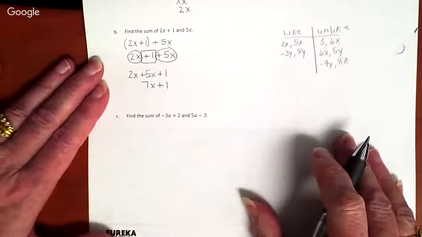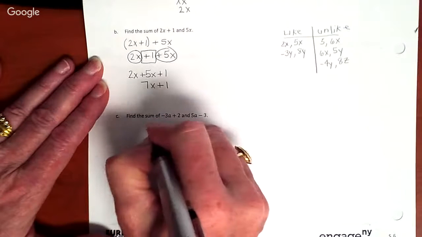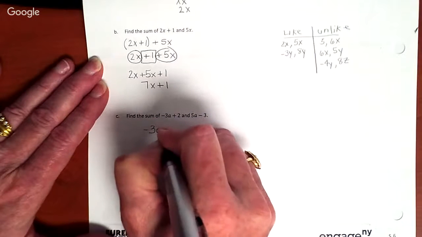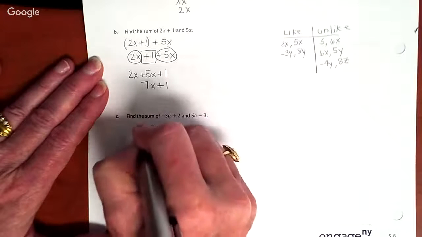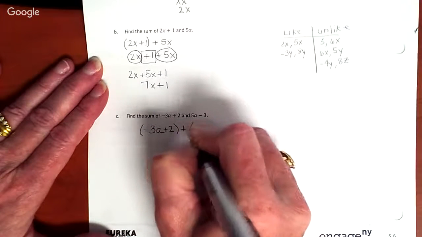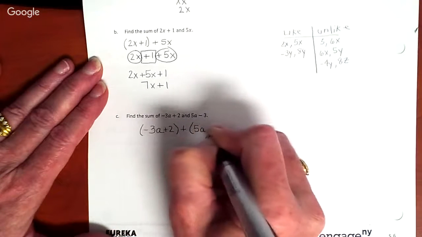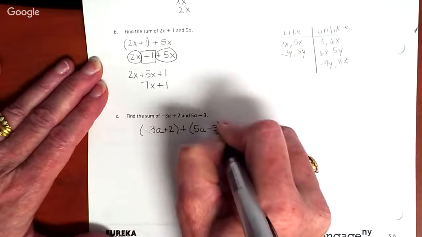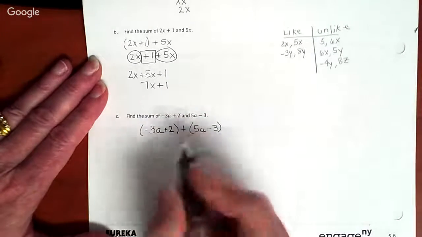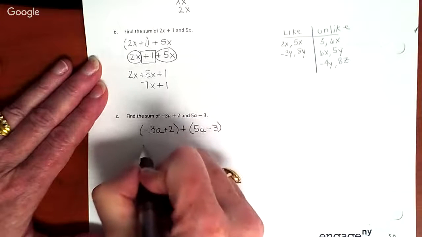My next one I have negative 3a plus 2 plus 5a minus 3. So now I'm going to drop the parentheses because I have nothing in front of it.